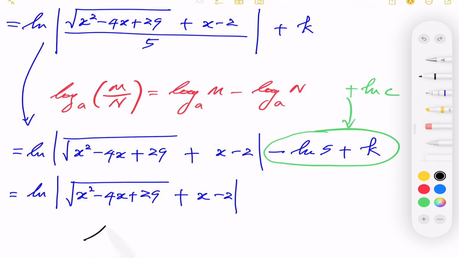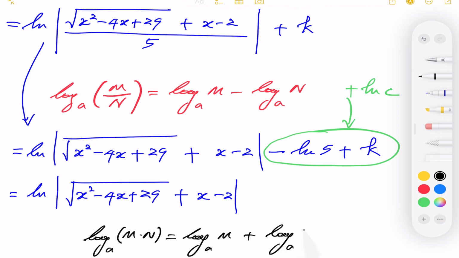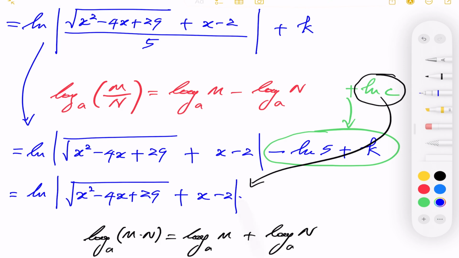That is, logarithm base a of m times n is equal to logarithm base a of m plus logarithm base a of n. That means this plus natural logarithm of c can be written directly as a multiplication with this answer. Therefore, you can keep your final answer this way.